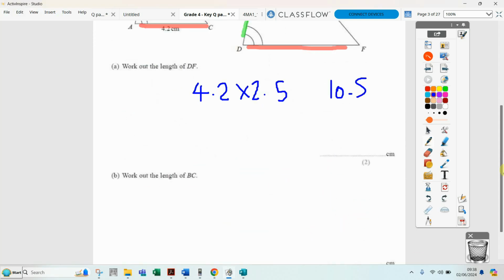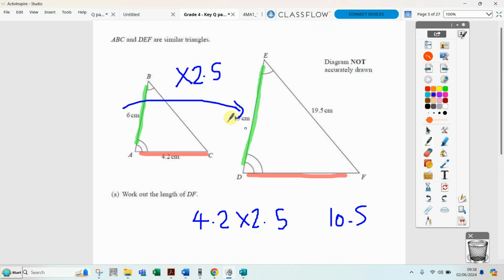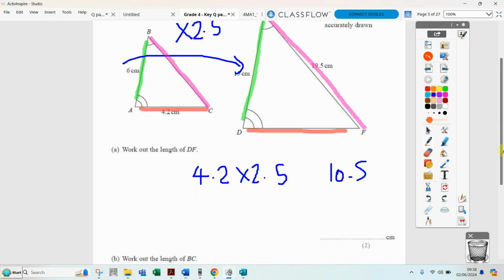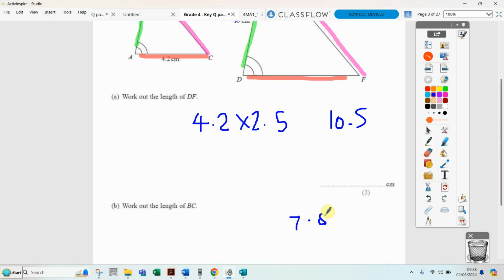And then the next part here, work out the length of BC. So BC is this side, the right hand side, which matches with the right hand side of the other one, but because we're going from the big triangle to the small one, we will divide by 2.5 this time, and that gives us 7.8. Okay, so 7.8 for this one.